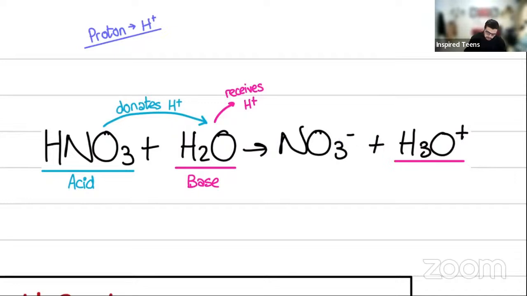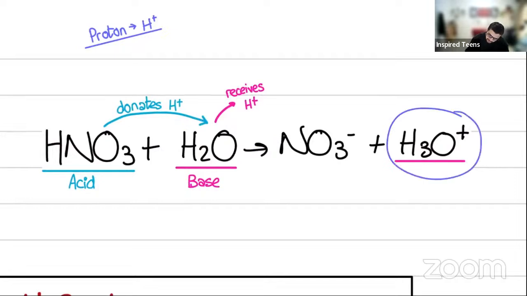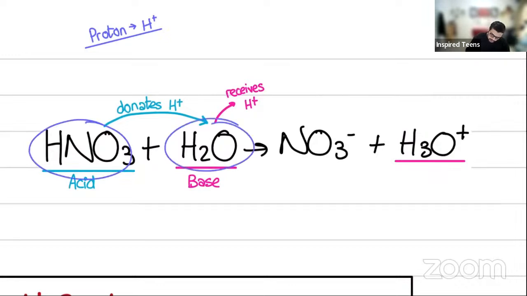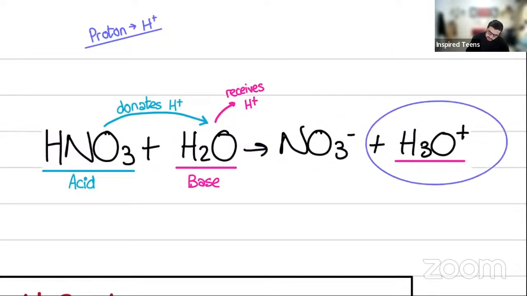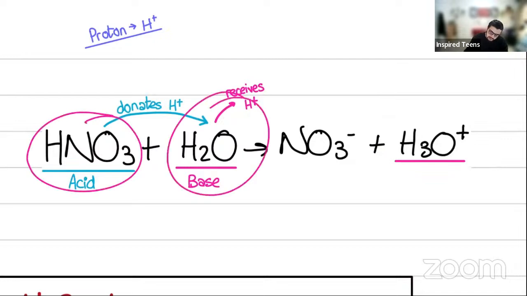The one that gains the H plus gains an extra charge and becomes +1. We don't write the ones, but that's what they mean. These are neutral initially, which is why they become negative and positive respectively. The one that lost the H plus becomes 1 negative, and the one that gained the H plus becomes 1 positive. So this is acting as an acid, and this is acting as a base.